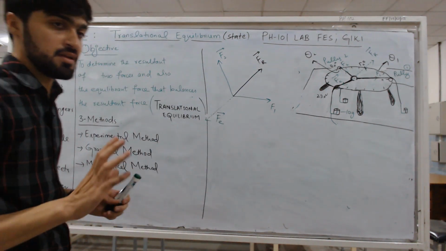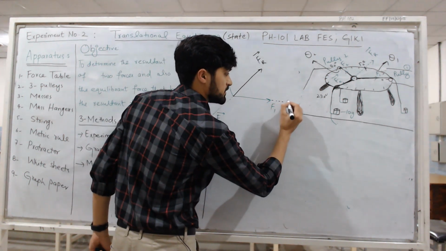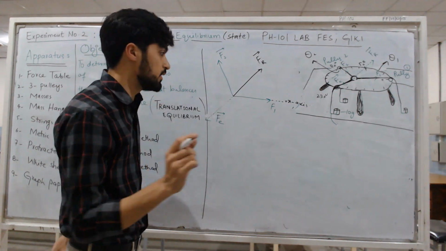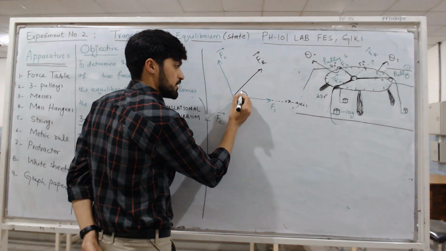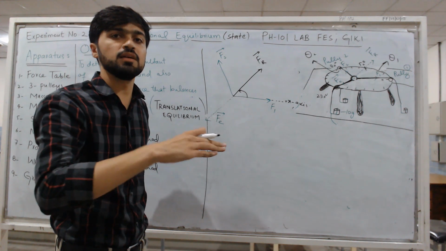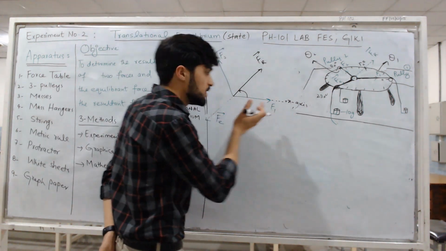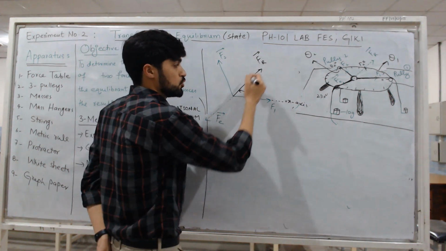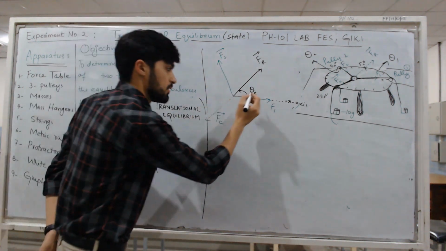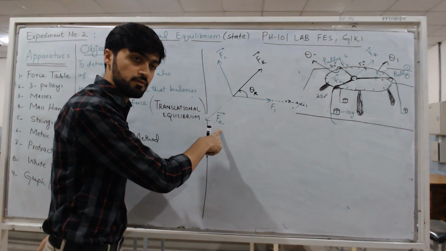Now remember, conventionally, let's say this is our positive x-axis. We take our angle in the anti-clockwise direction with the positive x-axis. Conventionally, we can take it clockwise, but that will be considered negative. So this is the resultant angle direction, theta R. Now, what will be the direction of this equilibrium force?